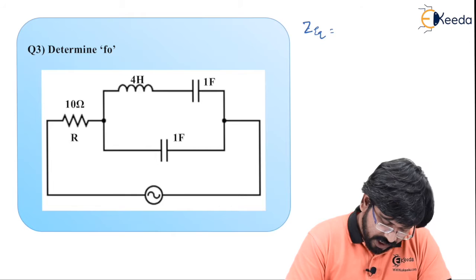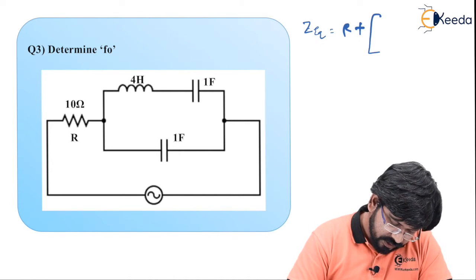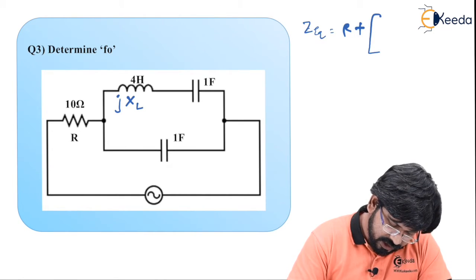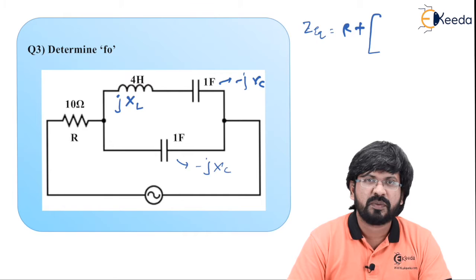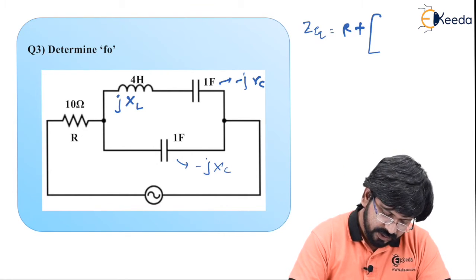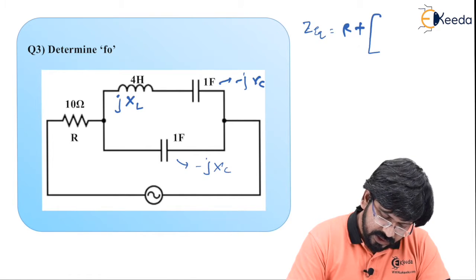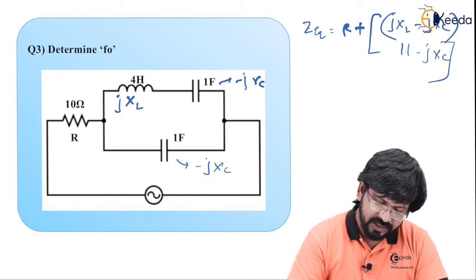Z equivalent is R plus, as you can see, I can convert this into XL or JXL. I can convert this into minus JXC, and this is also minus JXC. We shouldn't say XC1, XC2 because both the capacitors share the same value, which is 1 farad. So I would say it is JXL minus JXC in combination with minus JXC as parallel.